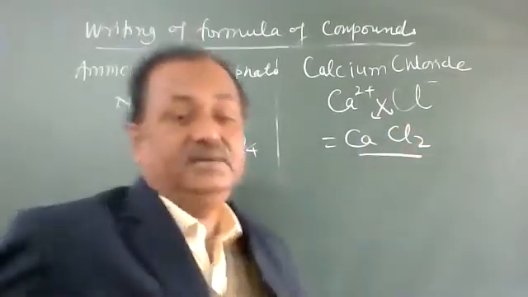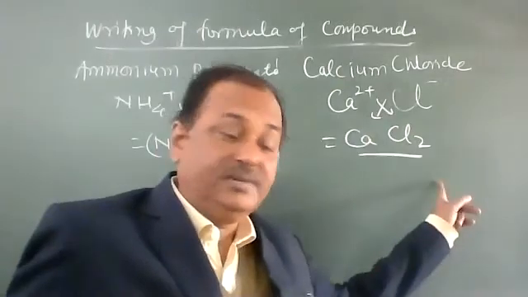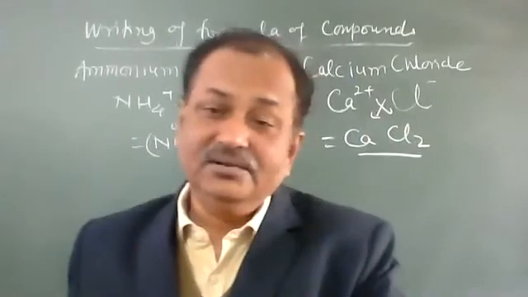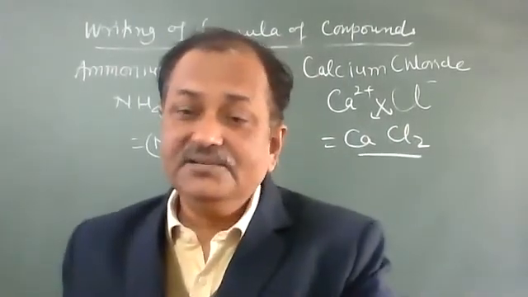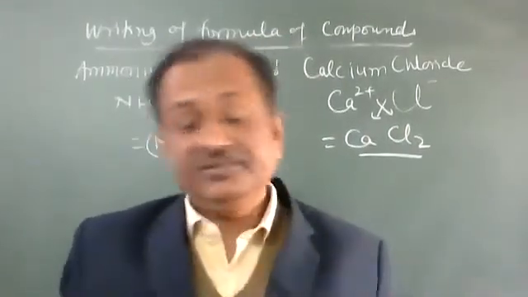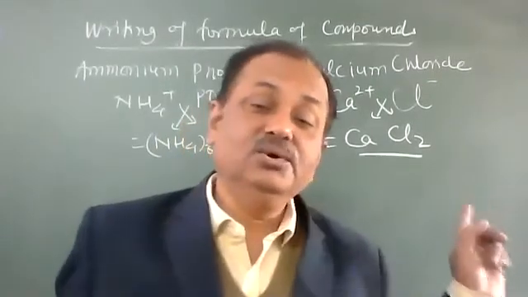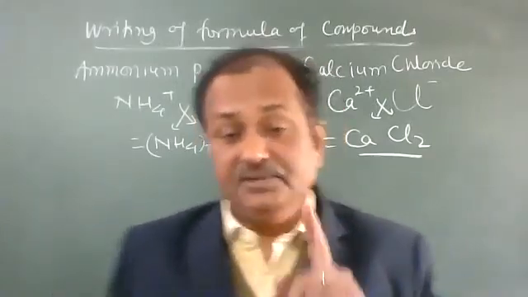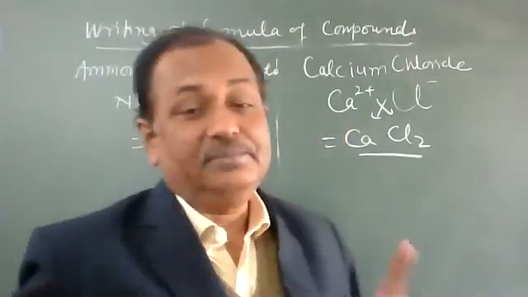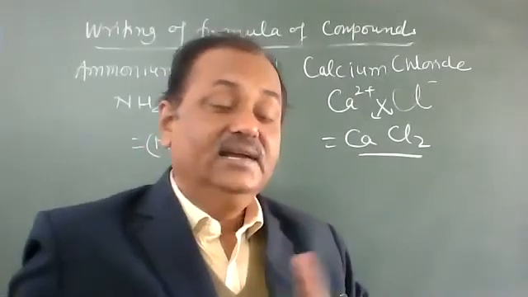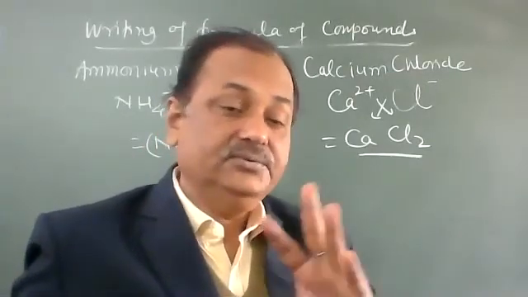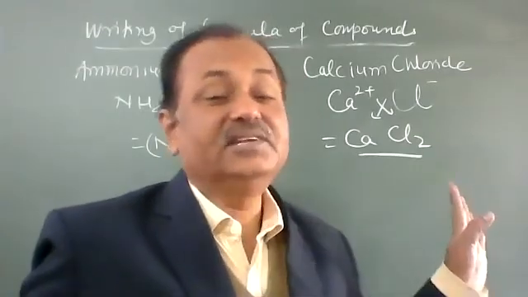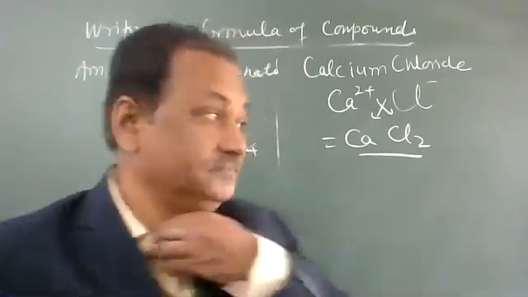Here there will not be any bracket, because chloride is an element made up of a chlorine atom. So here we will not put any bracket. Keep in mind that a bracket is used only when the ion is made up of more than one element and there is a disbalance in charges, so the charges are not the same.